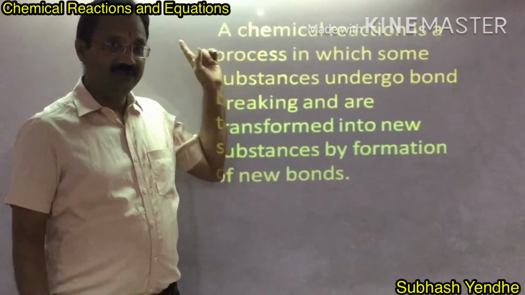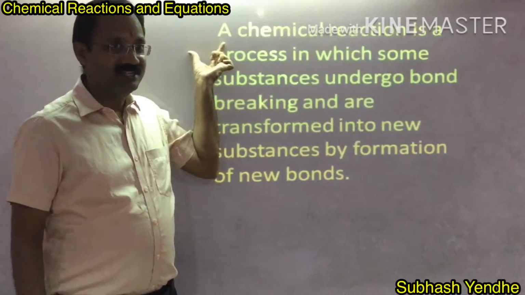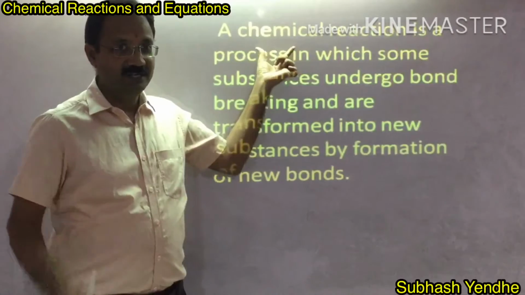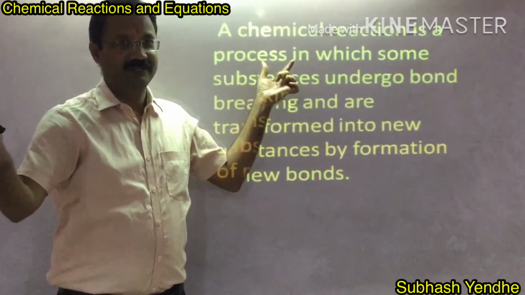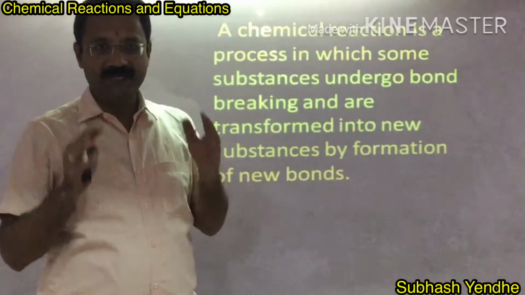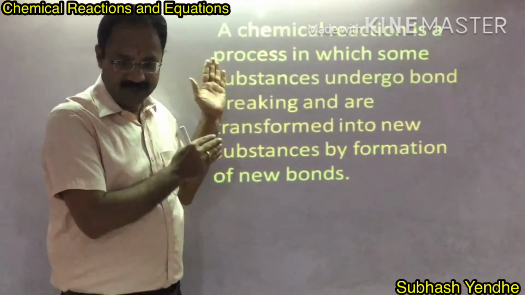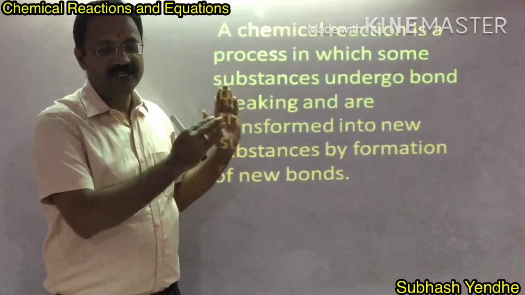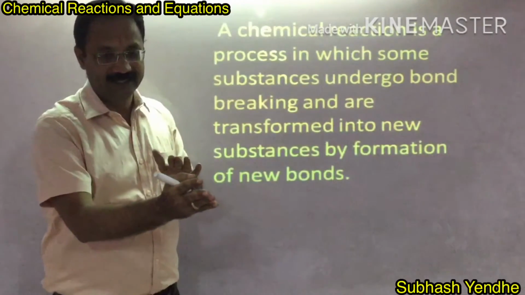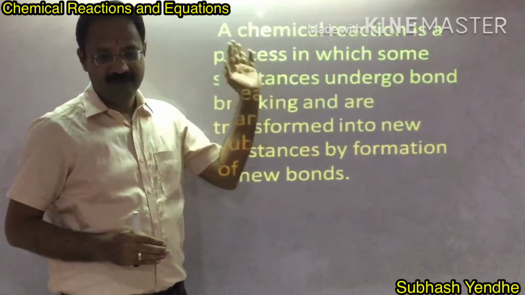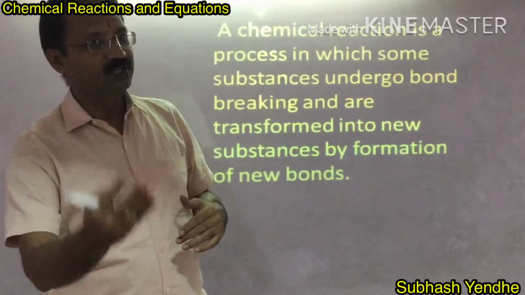Have you seen the first activity? Zinc is reacted with the copper sulfate to form zinc sulfate, and the copper will be displaced. It means a chemical reaction is a process in which some substances undergo bond breaking and transform into a new substance by formation of new bonds.